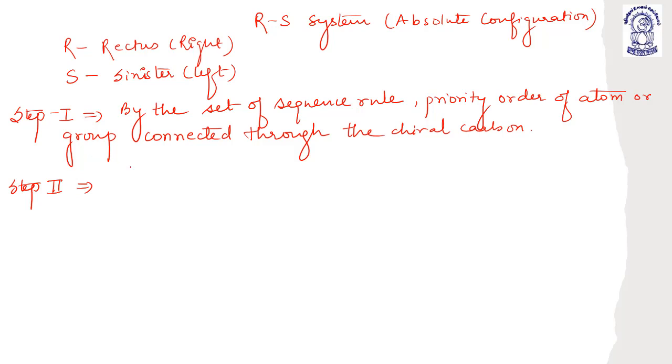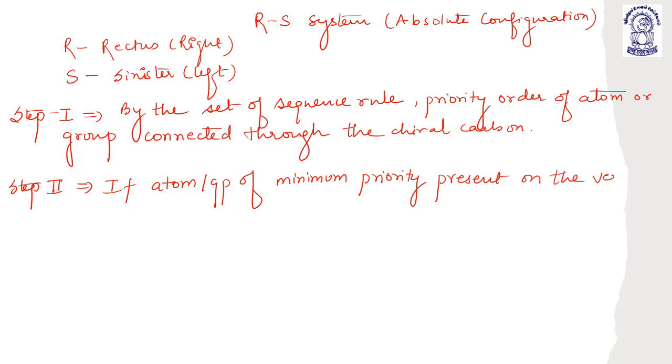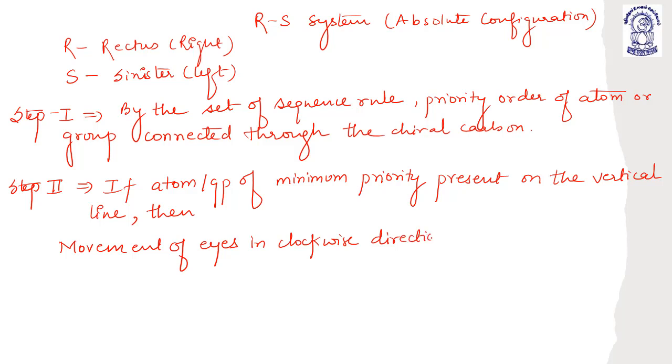If the atom or group of minimum priority is present on the vertical line, then you have to see if the movement of eyes is in clockwise direction, then it is R. If the movement of eyes is in anti-clockwise direction, then it is S. Okay.